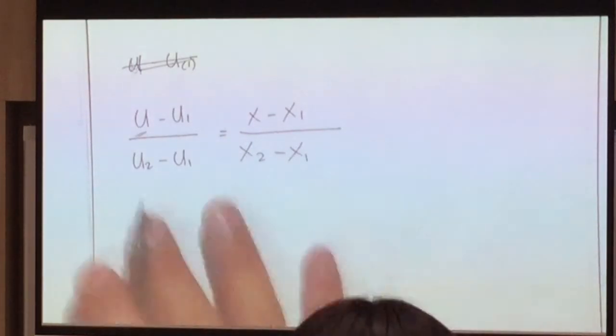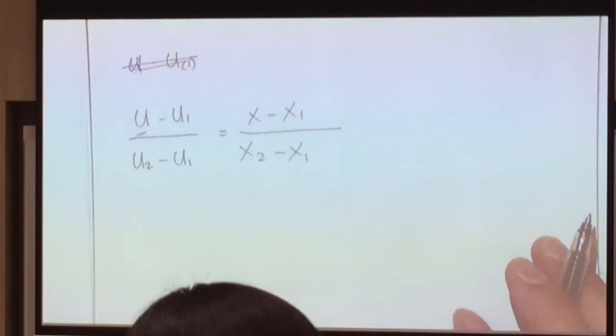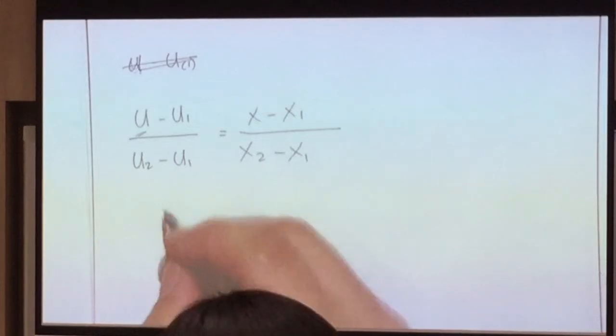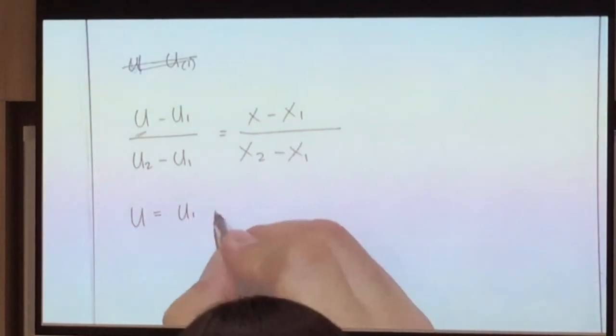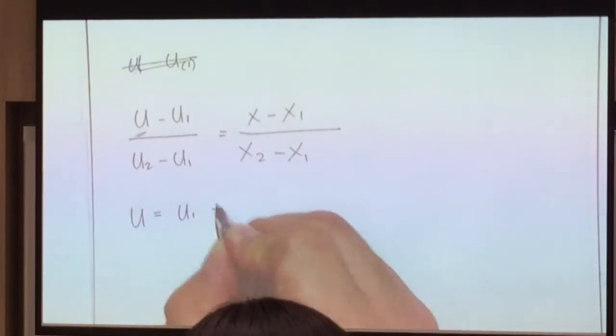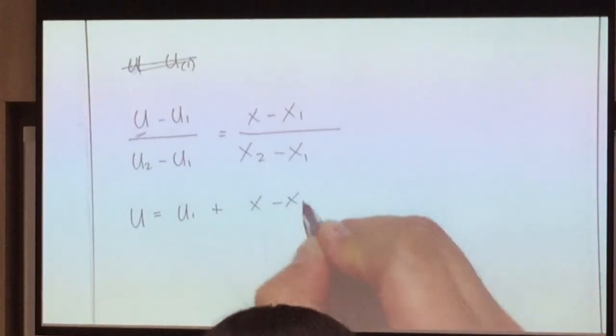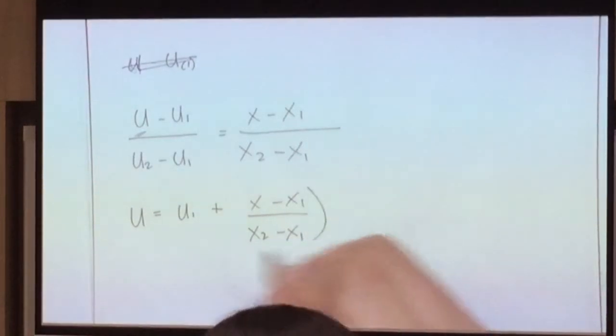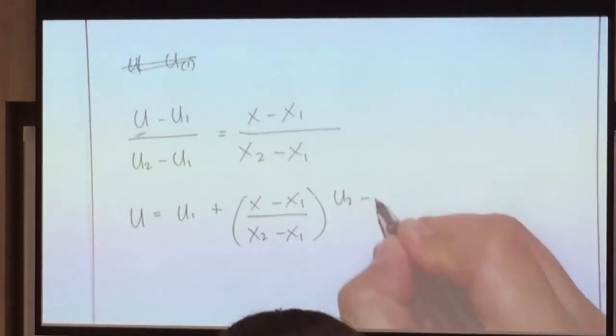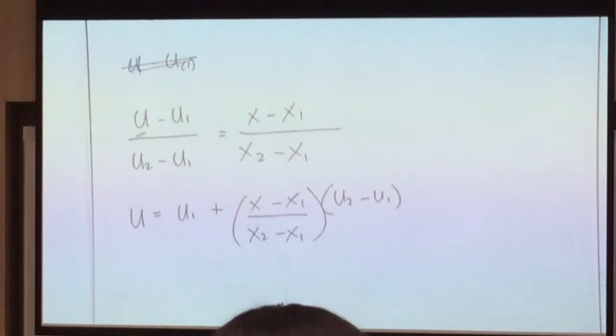Now, what's going on here? This is a simple operation now. We have u equal to u1 plus x minus x1 over x2 minus x1, and then u2 minus u1 there.